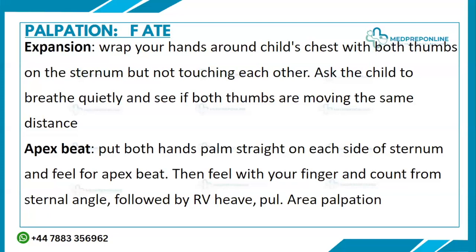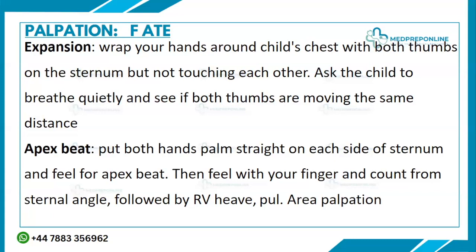Yes. Just one thing important for this chest expansion is that when you are encircling your hands around the chest, you make sure all your fingers are wide apart, just fanned out. They're in the intercostal spaces or the ribs, whatever, but they are fanned out, and the thumbs should not be touching each other. They should not be overlapping.